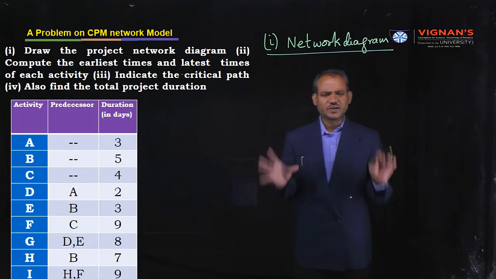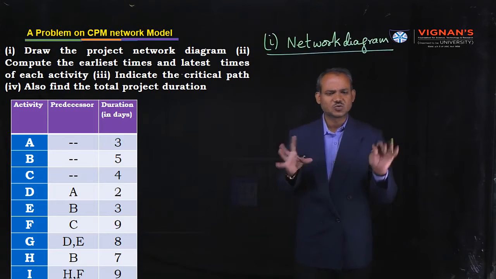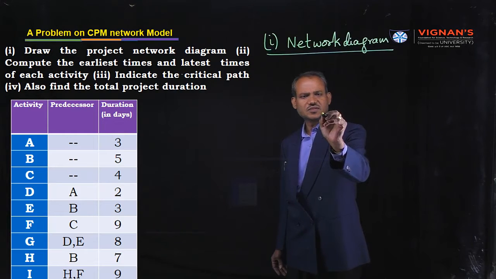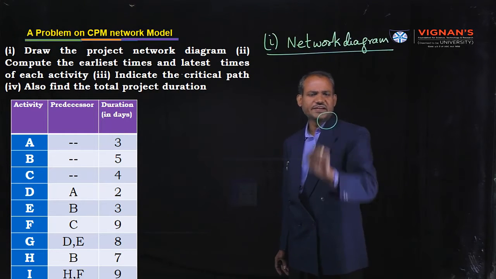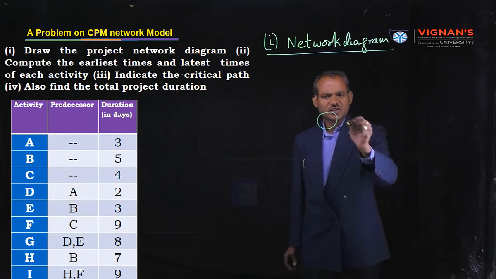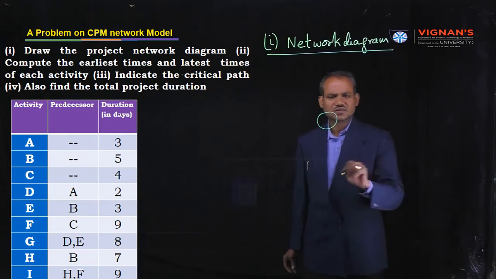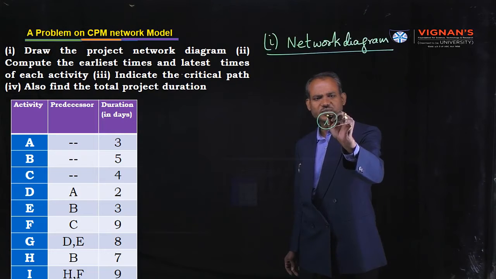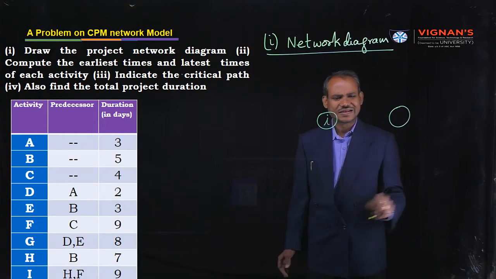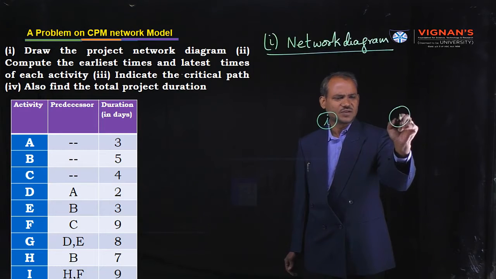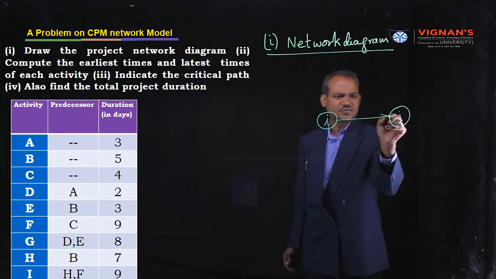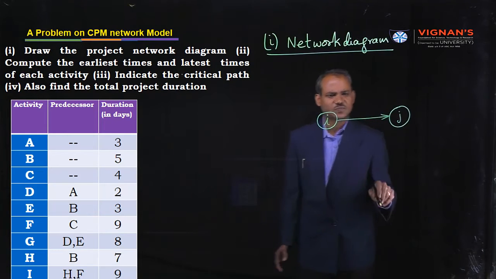Briefly, I would like to explain about activity, how to construct activity. Every activity should start with one starting node. This is represented by I. Similarly, one activity ends at another node, that means J. So, we have to draw one arrow like this.